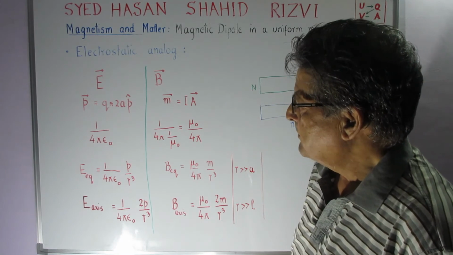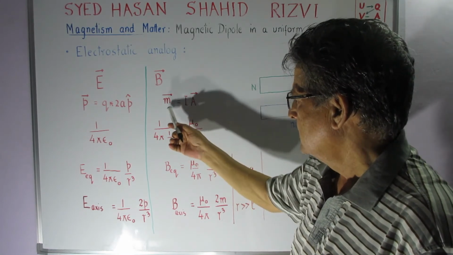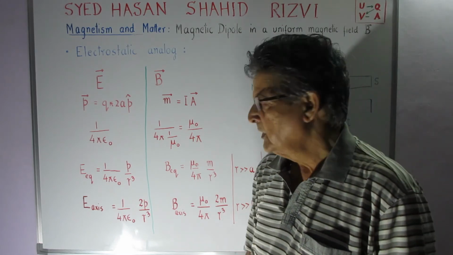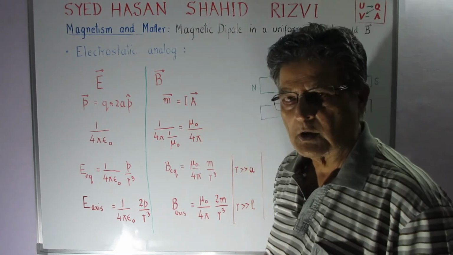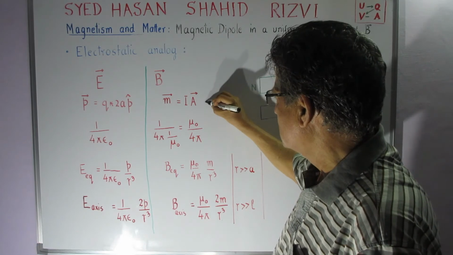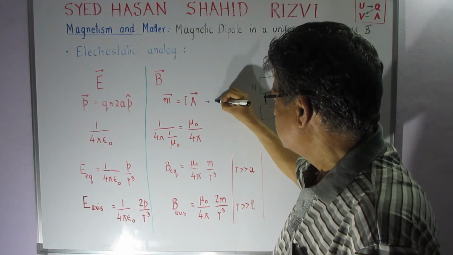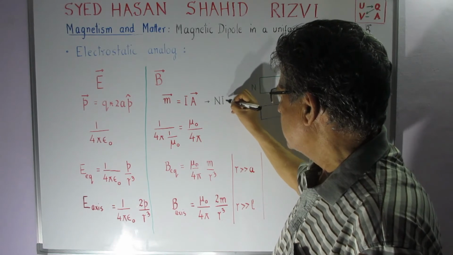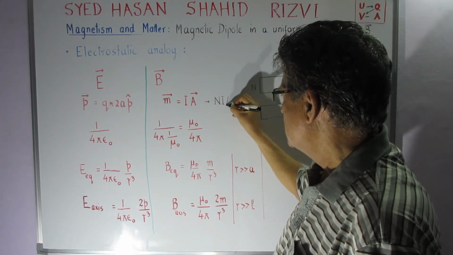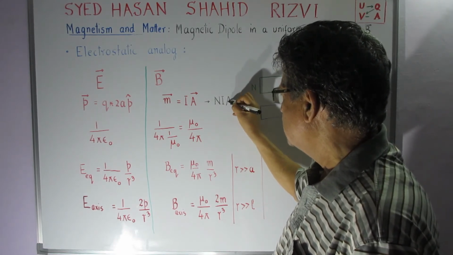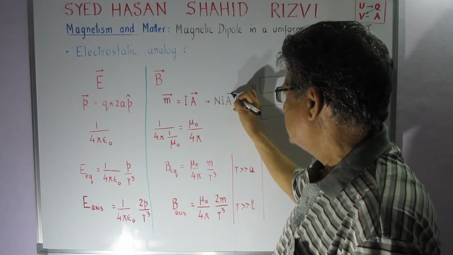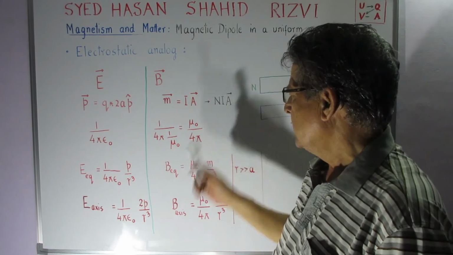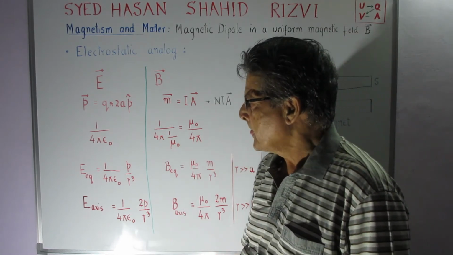The dipole we are talking about is m equal to IA or NIA, if the number of turns is N. A, always remember, is the area associated, and this is the surface area, so it is a kind of a vector, and m cap and A cap are in the same direction.